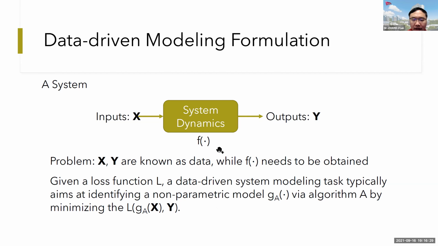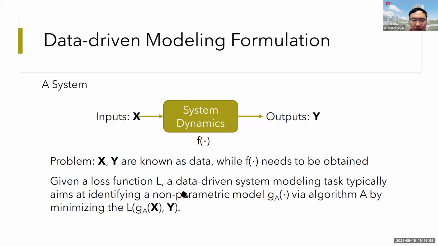How can we approximate the system dynamics? So we formulate it as a learning problem. Given a loss function L, a loss function typically means a measure between the observation Y and the estimation of Y. The estimation of Y describes the output of a model.